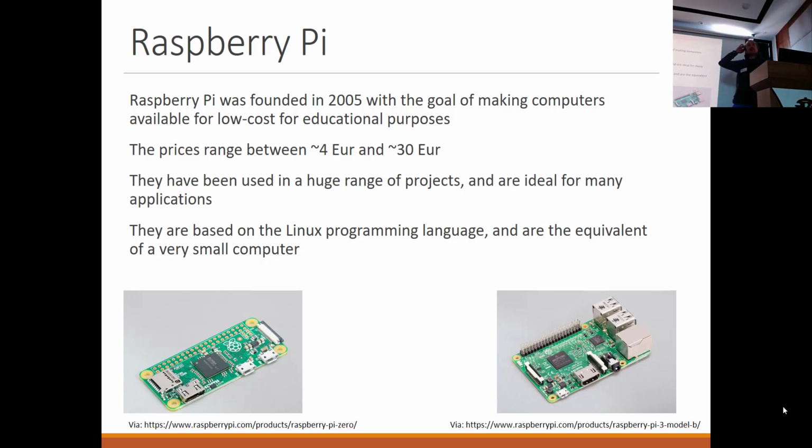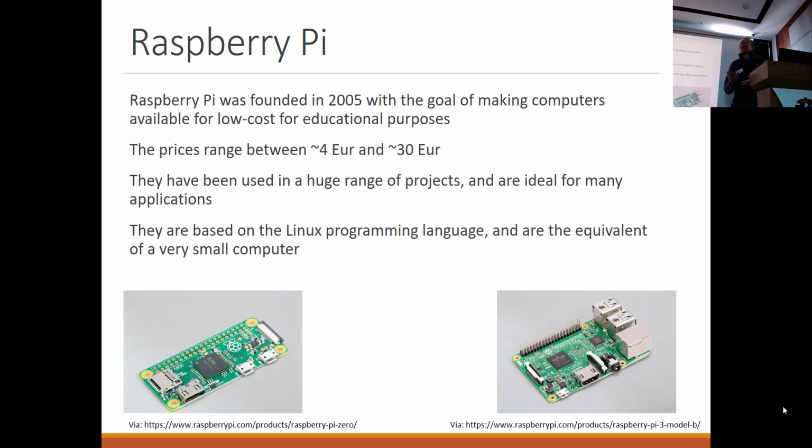So the Raspberry Pi Foundation was started in the early 2000s with the goal of having small computers for educational purposes. Their idea was if you can make these small, cheap computers and distribute them to classrooms, people would be able to learn coding, and kids would be more aware of what is actually happening when you use a computer and how possible it is to actually access your hardware and do something with it.